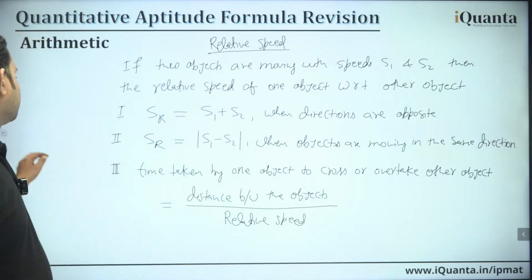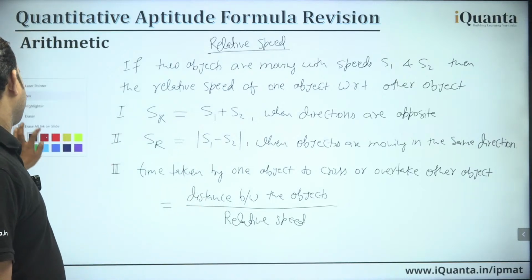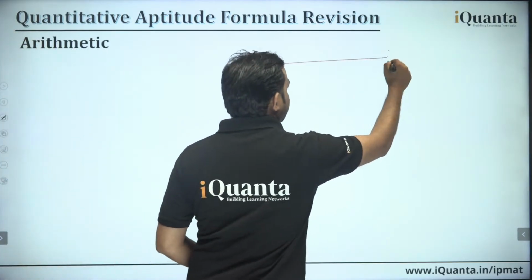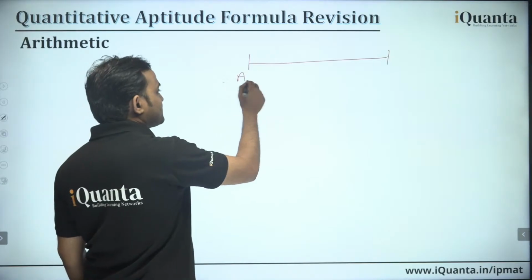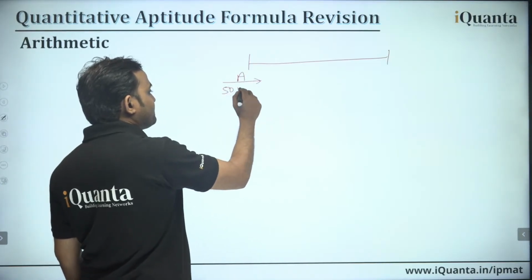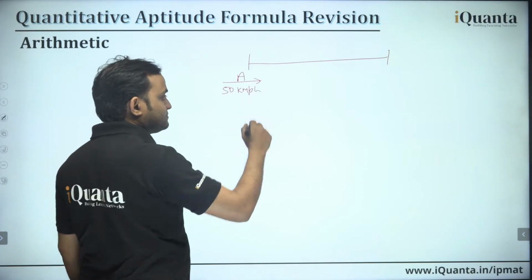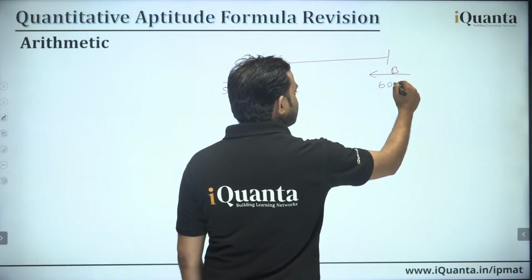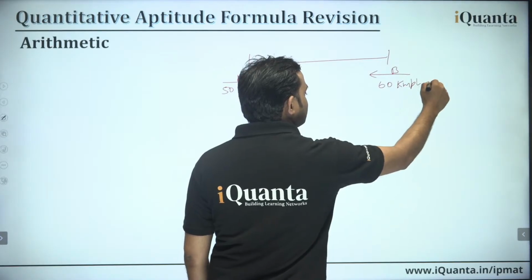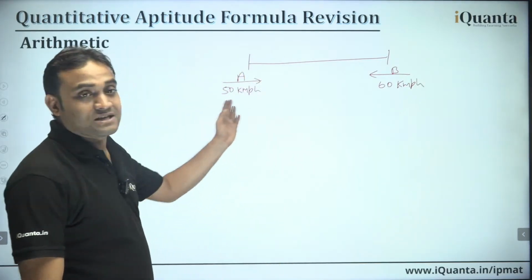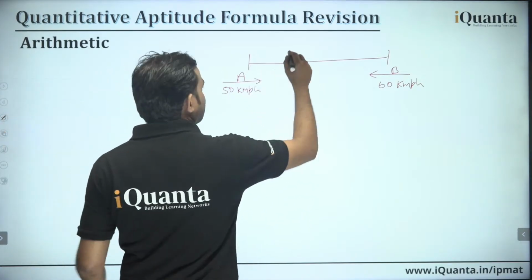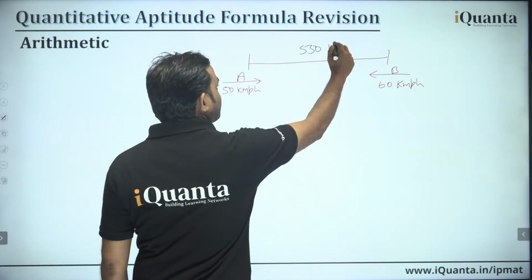Okay, let's take an example. Let's say an object A is moving with 50 kilometer per hour and another object B is moving with 60 kilometer per hour. Now both directions are opposite and the distance between them is, let's say, 550 kilometer.